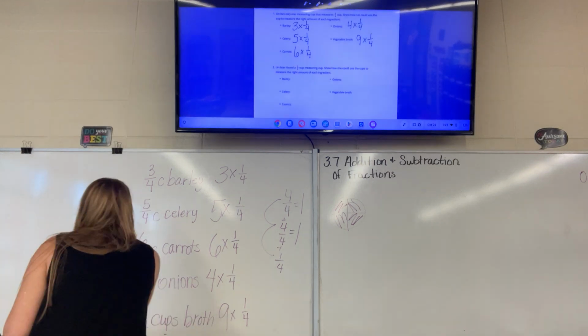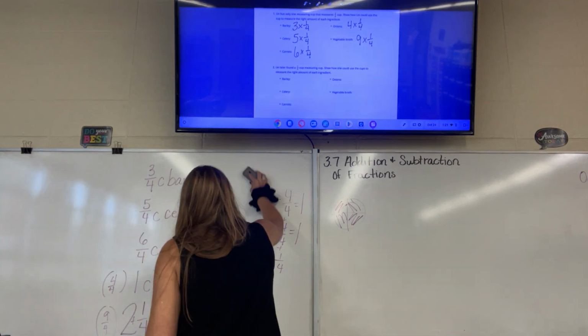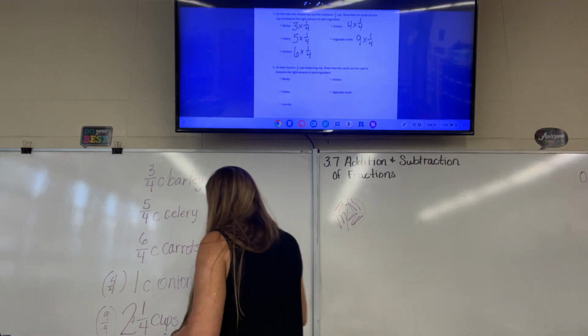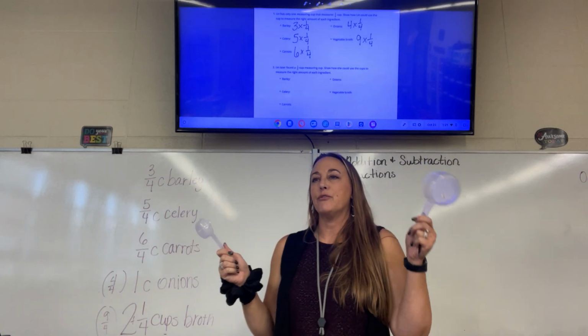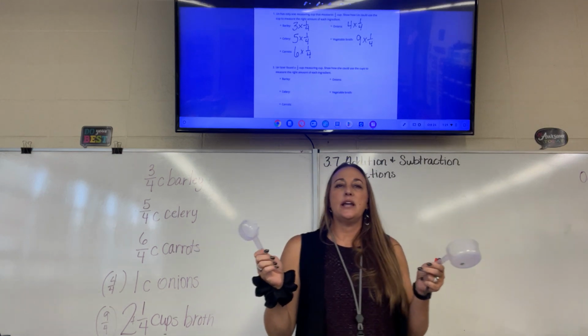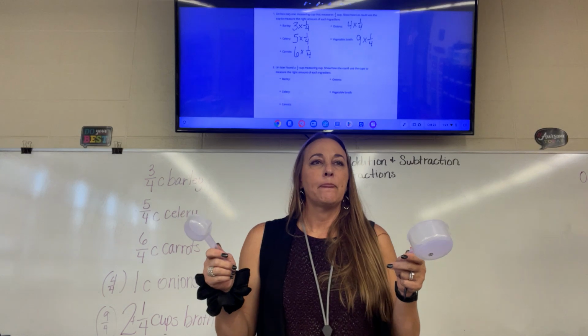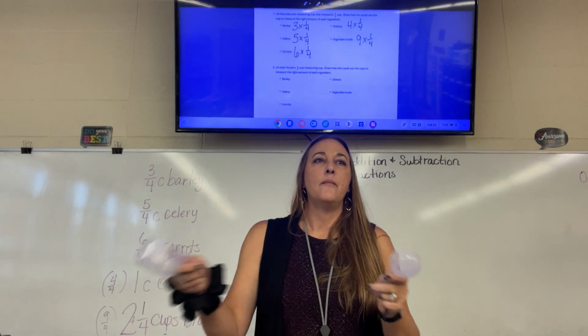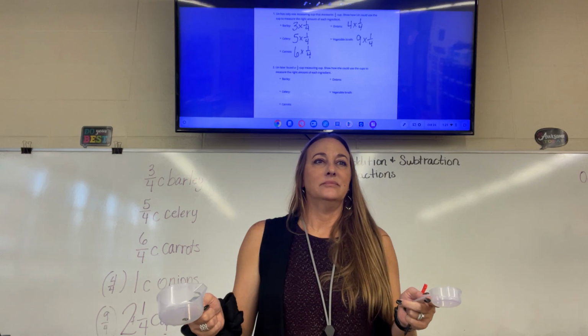Okay, so let's go back to barley. I need 3/4 cup of barley. I've got a 1/4 or a 3/4. Which one should I use and how many times? Athena? You should use the 3/4 cup one time because it's 3/4.